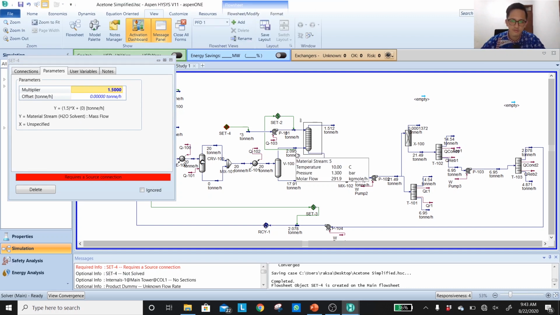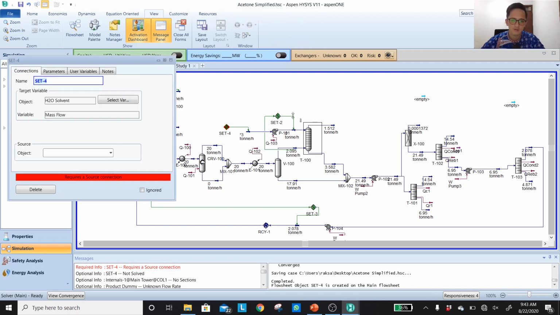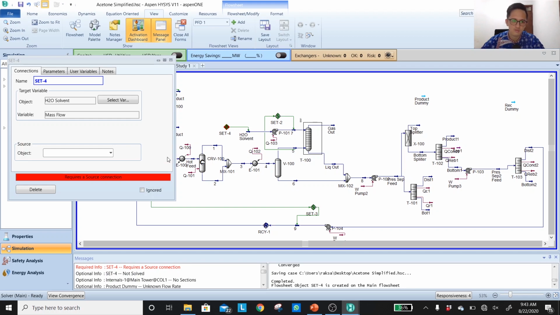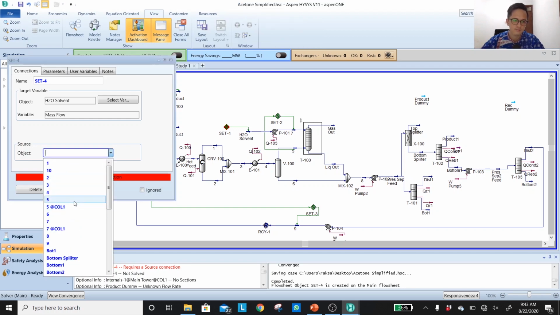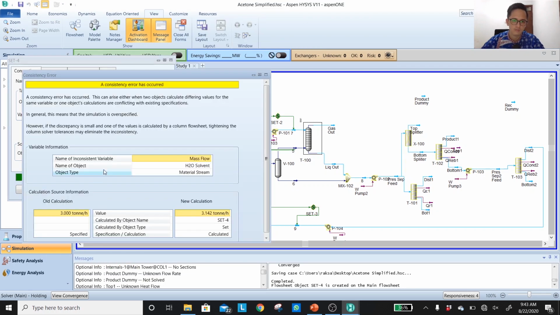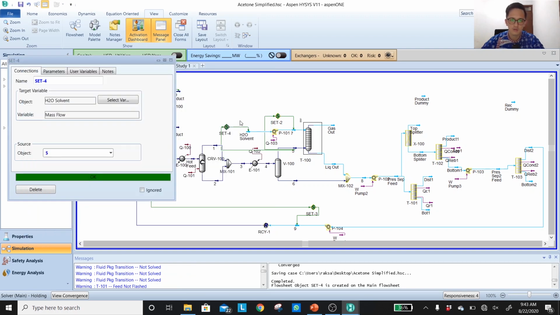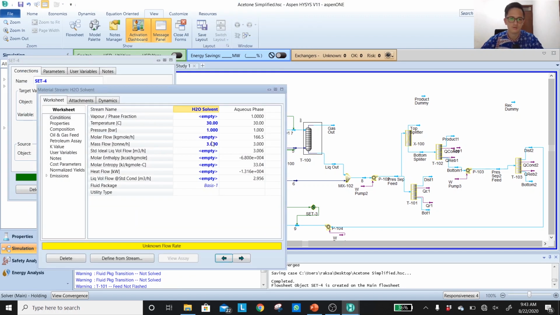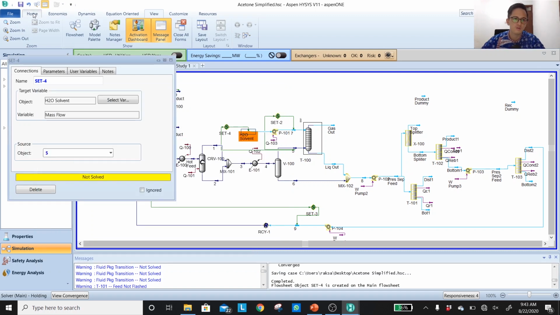So 1.5 times 2 will be close to 3. So every time the stream changes, the water solvent flow rate will change as well. That will be coming from stream 5. Then you delete the mass flow because we don't need that information anymore.